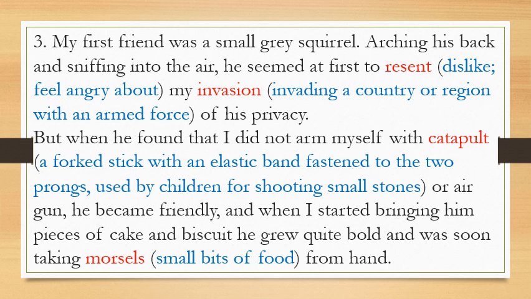Means, when he realized that the author was not armed with anything to offend him, he became friendly. Soon the author started bringing him pieces of food like cakes and biscuits. The squirrel started eating small pieces of food from his hands.